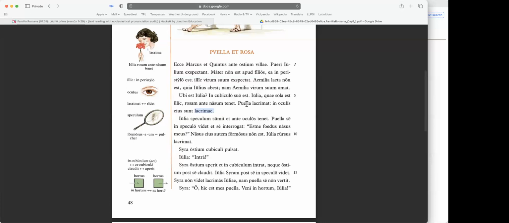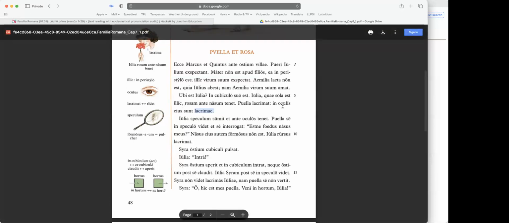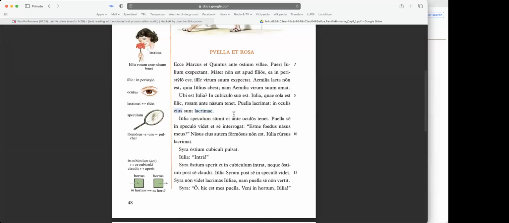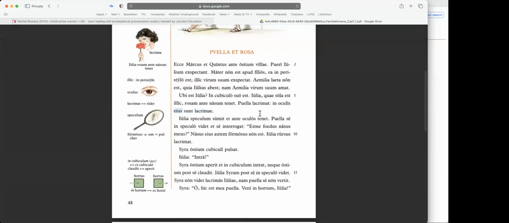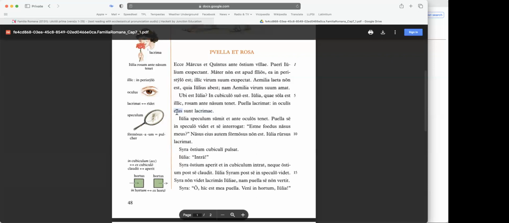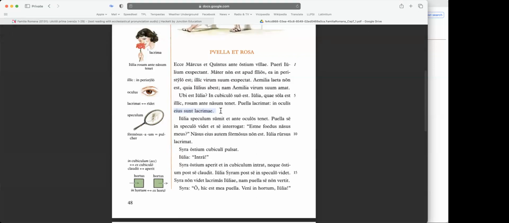So they could put suis if they wanted to, in oculis suis sunt lacrimae, but in oculis eius sunt lacrimae is just fine.